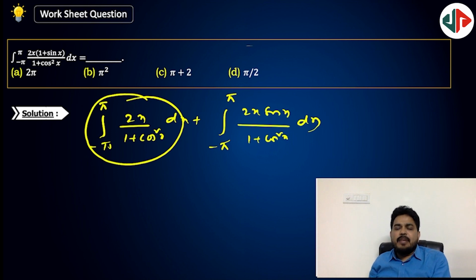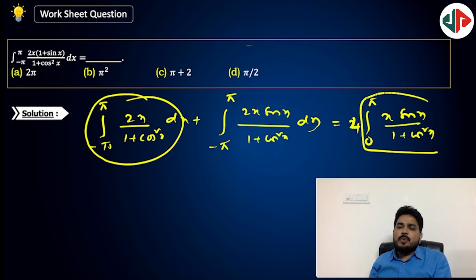So this can be written as, minus pi to plus pi is there, so I can write 2 times integral 0 to pi. This is already 2 is there, so 4 x sin x by 1 plus cos square x.